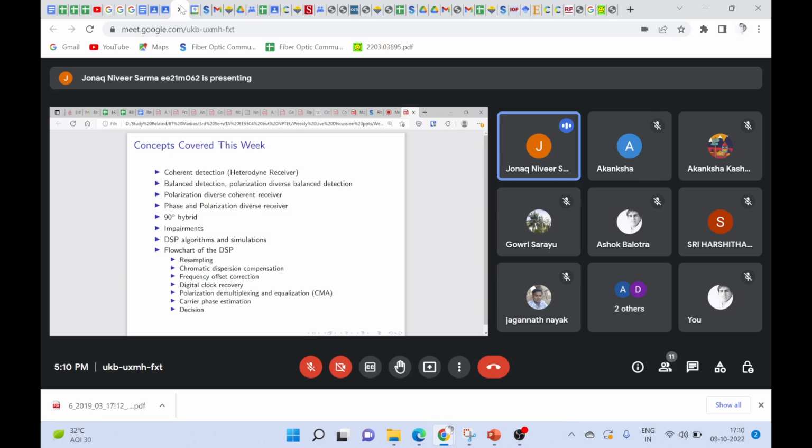So single mode fiber wavelength dependent dispersion, we're calling it chromatic dispersion.